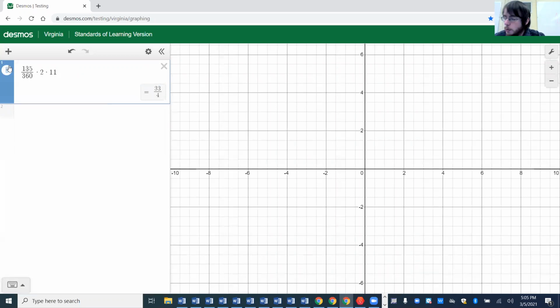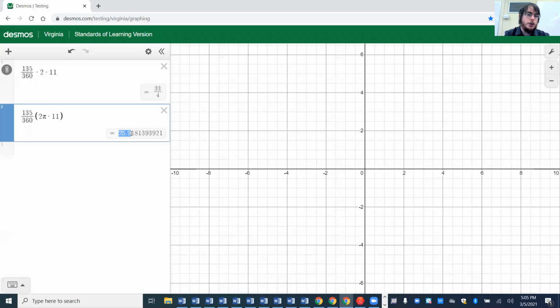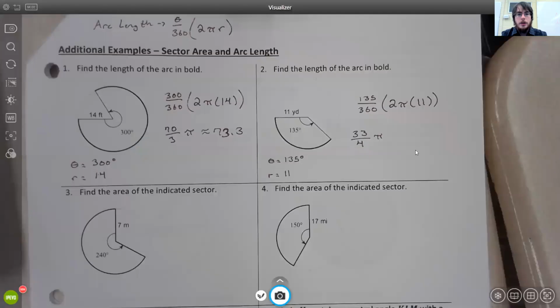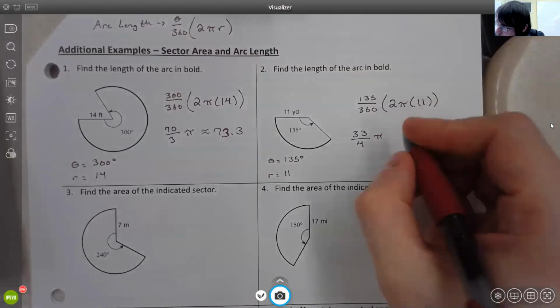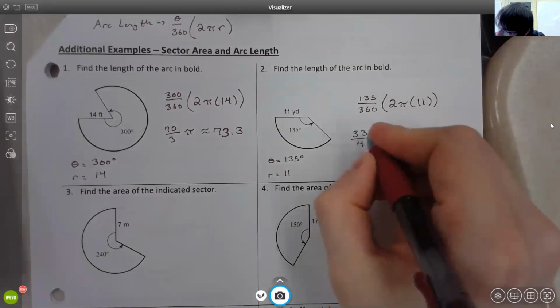And then at the end, we're going to tack on the pi. Now, if we wanted the approximate, we would just multiply by 2 pi times 11. And so we get that our approximate is 25.9. So 33 over 4 pi, which is approximately 25.9.